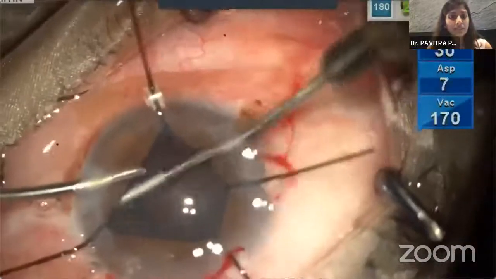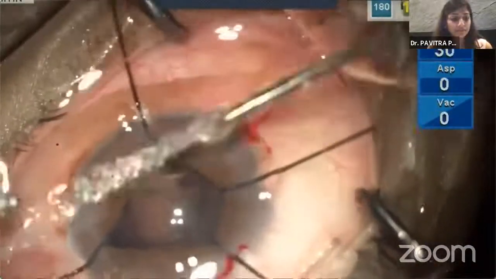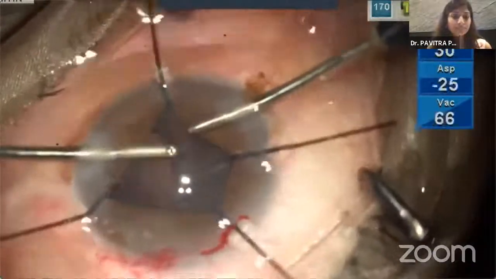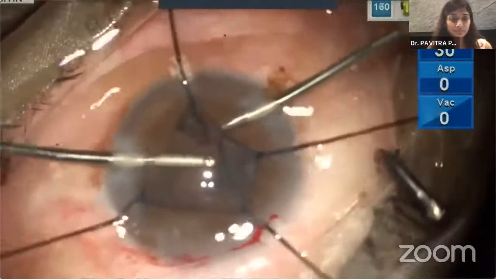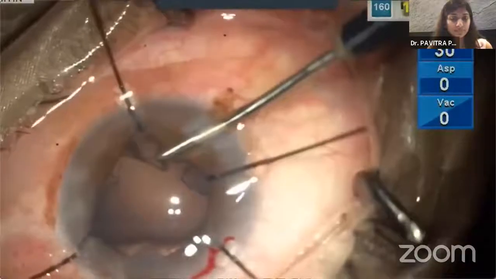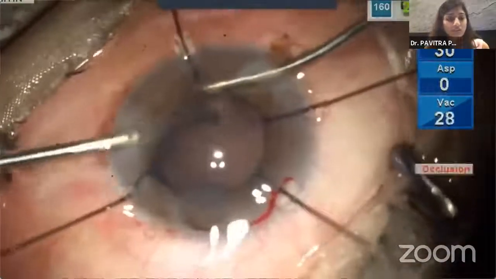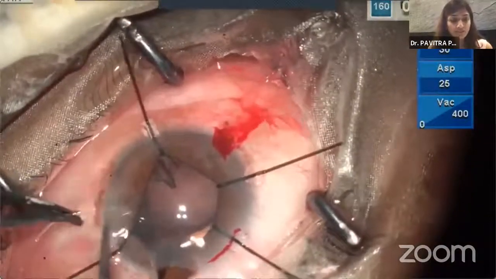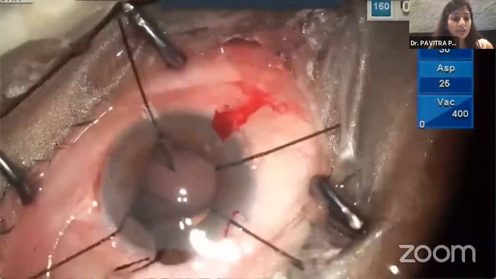Then the bimanual irrigation aspiration was done for the removal of the cortical matter. Now, once the cortex was almost removed, I inserted a capsular tension ring for more bag stability.